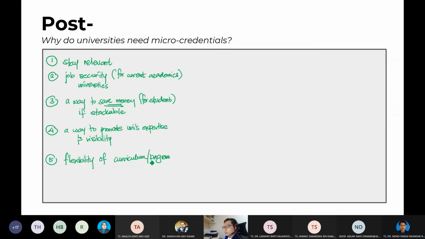Betul lah, sebab saya pernah propose satu program, a transdisciplinary program. Sebenarnya tiru idea Purdue University. Purdue University did a transdisciplinary program that has engineering, but you couple that with, for example, design or healthcare, so that it has both.